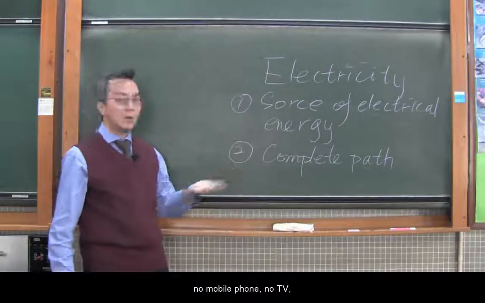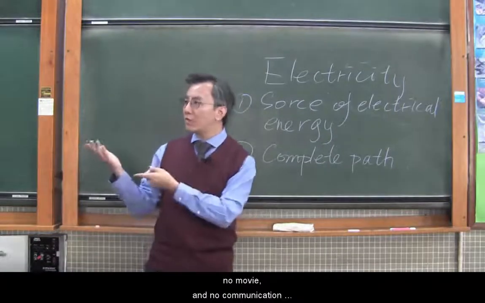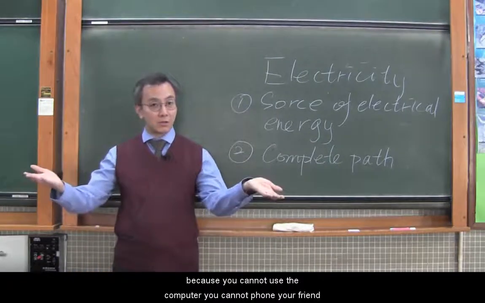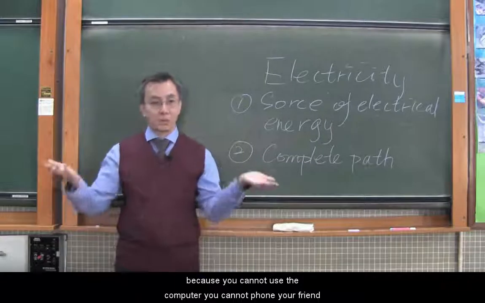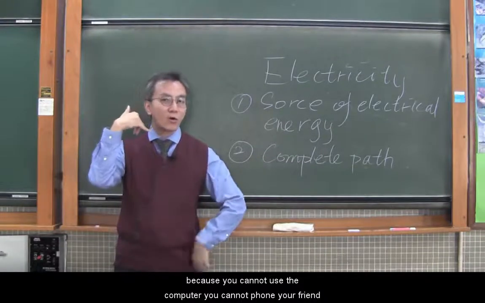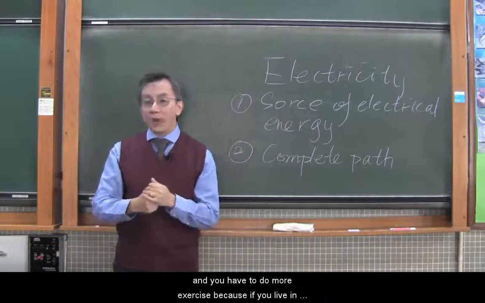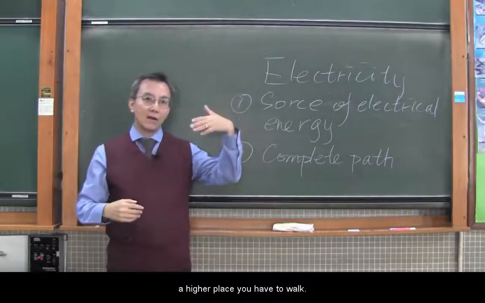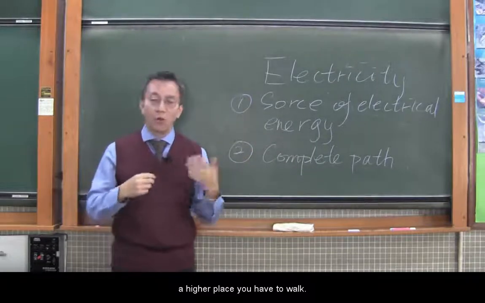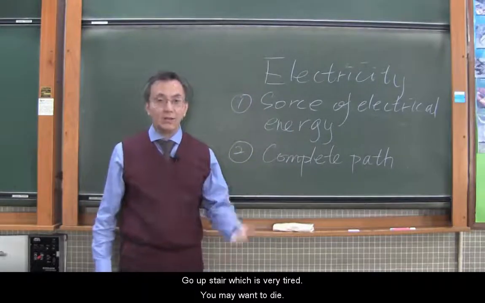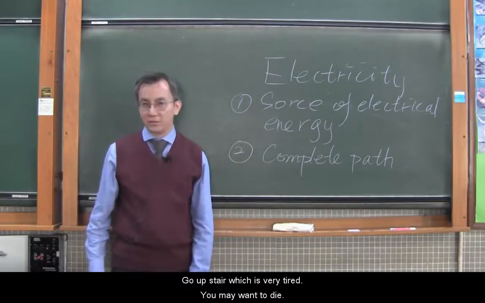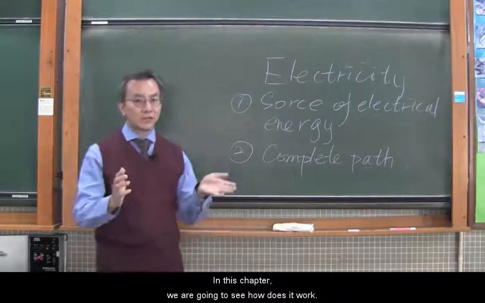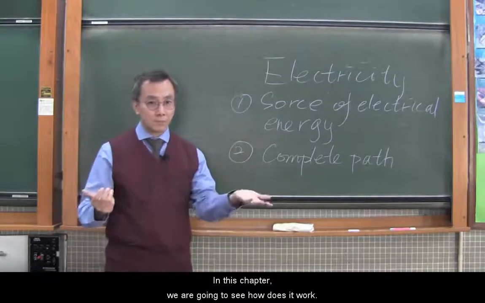No computer, no mobile phone, no TV, no movie, etc. And no communication because you cannot use the computer, you cannot phone your friend, and you have to do more exercise because if you live in a higher place, you have to walk upstairs, which is very tiring. Maybe you want to die, okay? So, in this chapter, we are going to see how it works, okay?